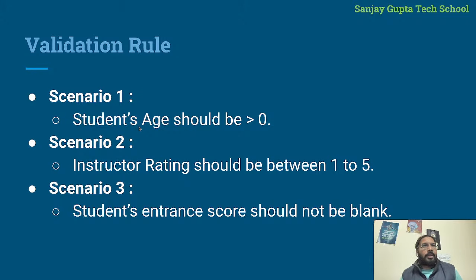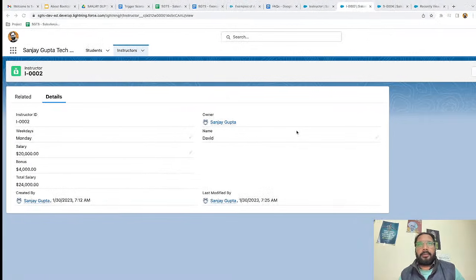Here we have three scenarios. The first scenario is on the student object: student age should be greater than 0. Whenever you create or update a record and you enter the age of a student, if it is 0 or less than 0, the record should not be saved. How can we do that?